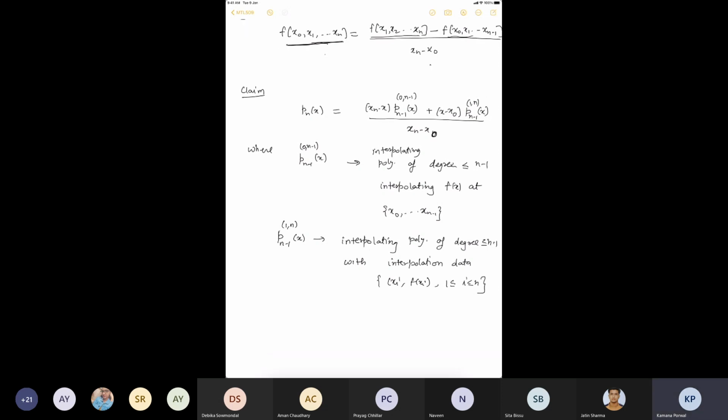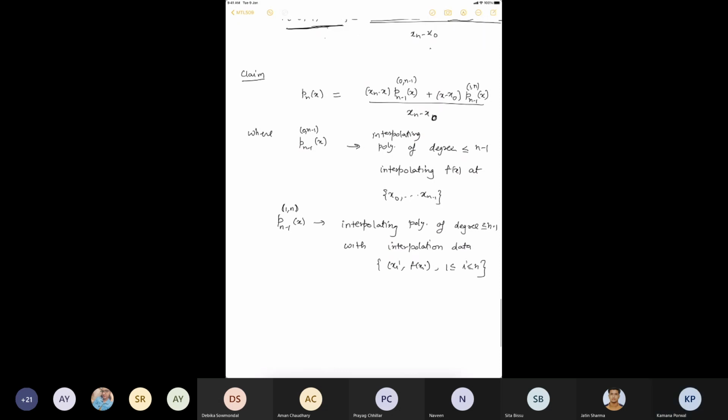That's why I'm writing here in the bracket 1 to n. So it will interpolate x1, f(x1) up to xn, f(xn). So this will yield a polynomial of degree less than or equal to n minus 1. Let's try to see how we can obtain this claim.